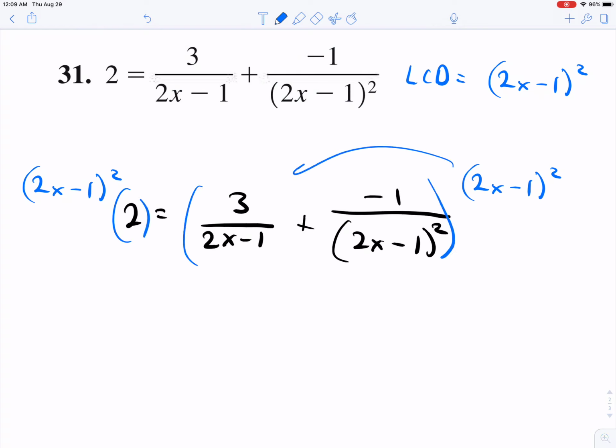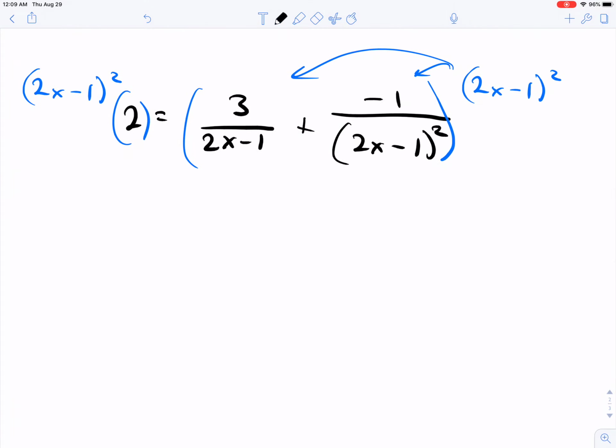Now on the right, we're going to have to distribute. Okay. Let's see. So on the left, if I go ahead and FOIL that, it's going to be a 4x squared plus 4x plus 1. Nope, minus 4x.